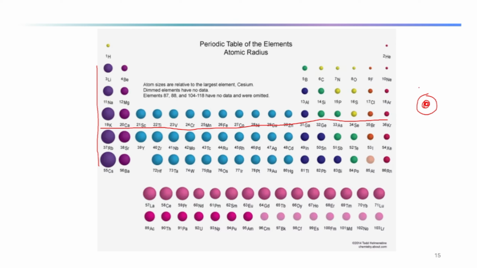So we have the nucleus, and surrounding that we have electrons in different shells. Now assume this nucleus is a girl, and these electrons are actually boys.